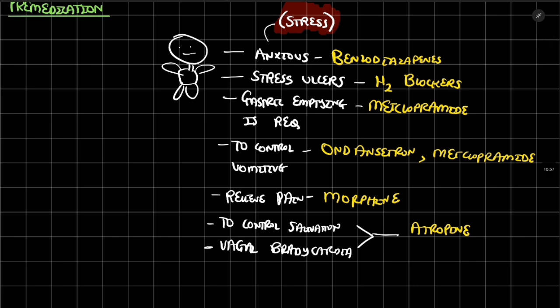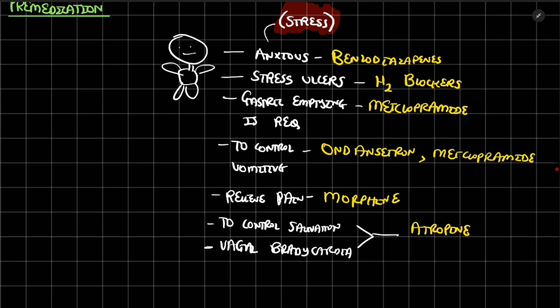So do you understand that story? A person is going under surgery, he is very anxious, he is very stressed. To control the anxiety, we give benzodiazepines. To control the stress due to increased intracranial tension, we give him H2 blockers. Then for gastric emptying, we give him a prokinetic like metoclopramide. If the person is vomiting, we give ondansetron and metoclopramide.